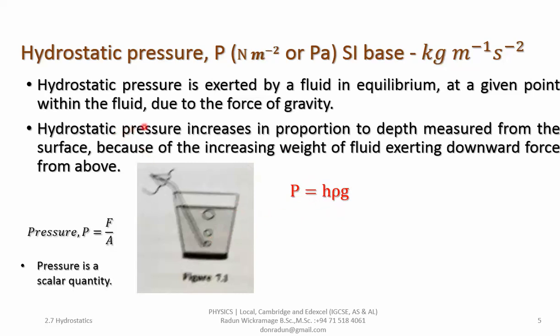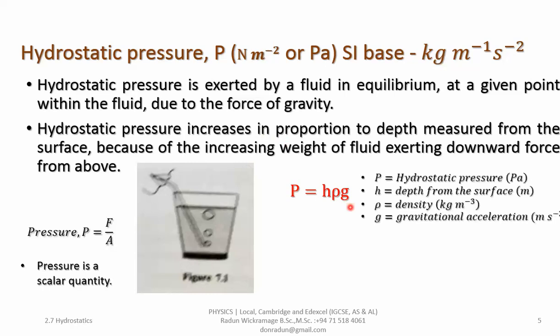These are not only applicable for gases or liquids; those are general terms for all fluids. So rho should be taken as the density of the fluid, and g is the gravitational acceleration. Respective units are also displayed here.